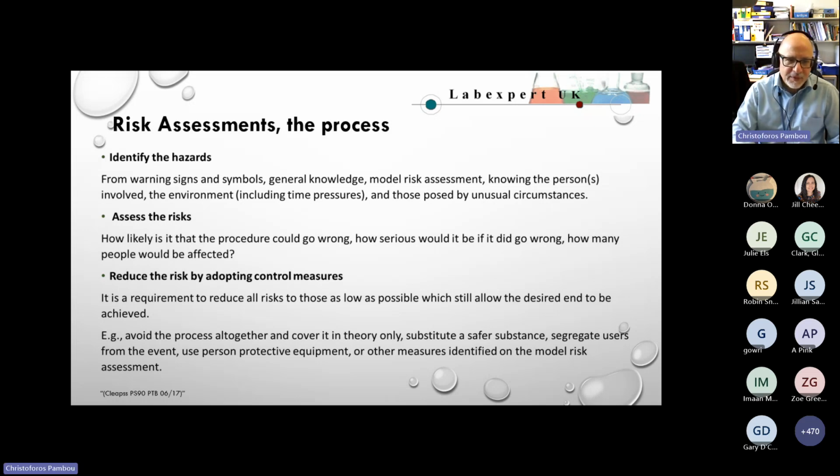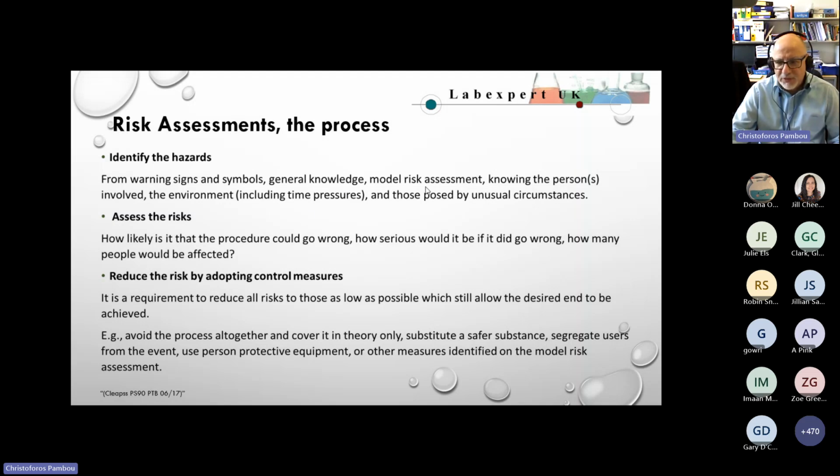So identifying the hazards. Where do we get the information from? Said earlier, from warning signs, of course, and symbols, general knowledge. What do I mean by general knowledge? It's basically, as an experienced science technician, you know that, let's take sulfuric acid or hydrochloric acid, we know they are corrosive, and therefore, that's the general knowledge.